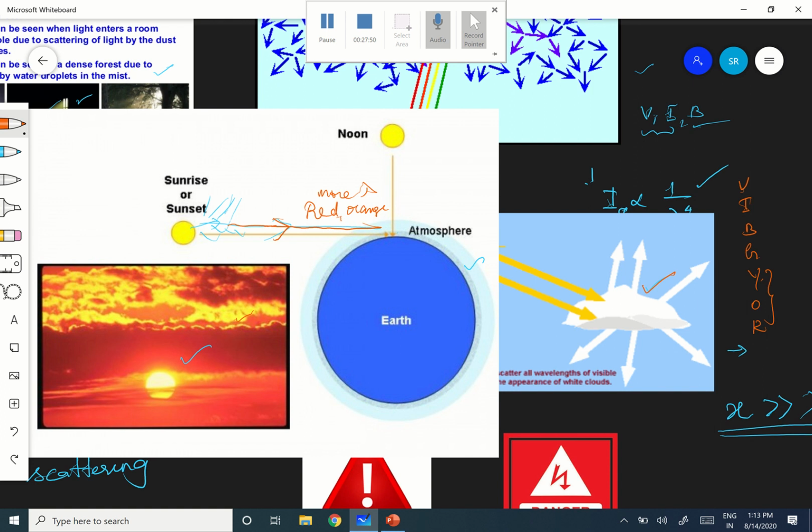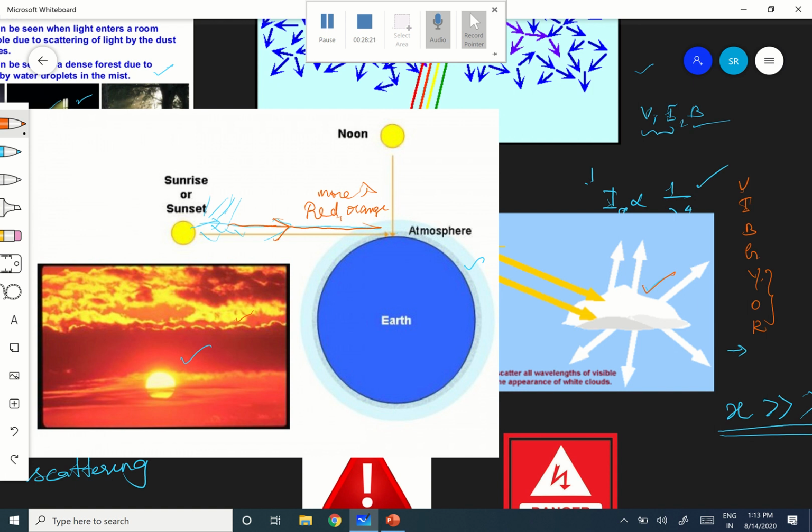Are you following? Because the sun is near the horizon, the light has to travel a large part of the atmosphere. As it travels, most of the lower wavelengths will be scattered in the outer atmosphere. Only some colors, mostly red and orange, because their wavelength is more, manage to travel through the atmosphere and reach our eye. That is the reason, right?